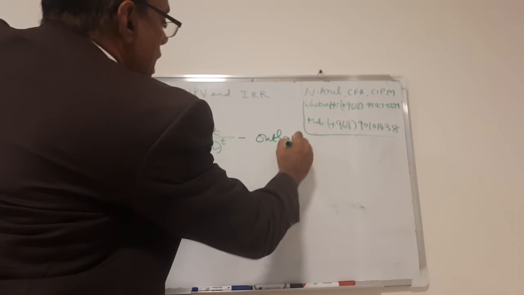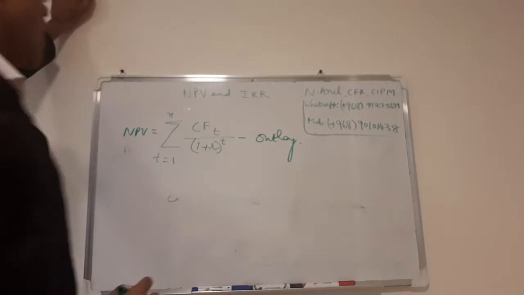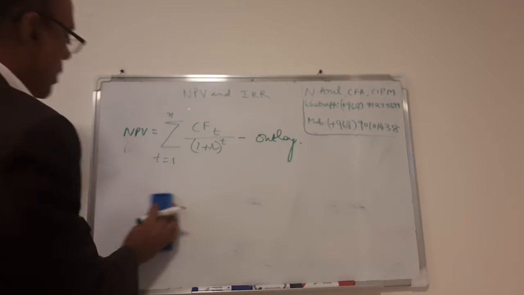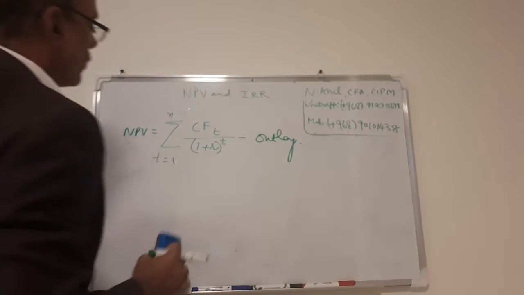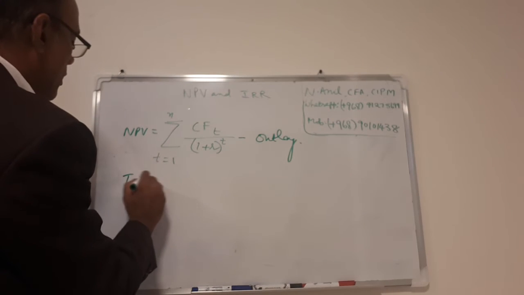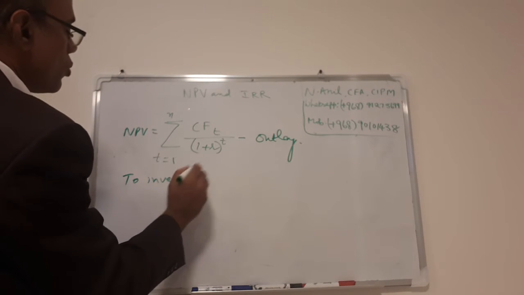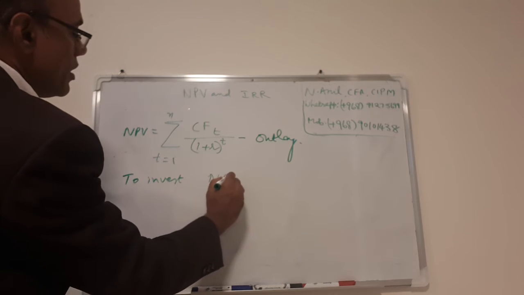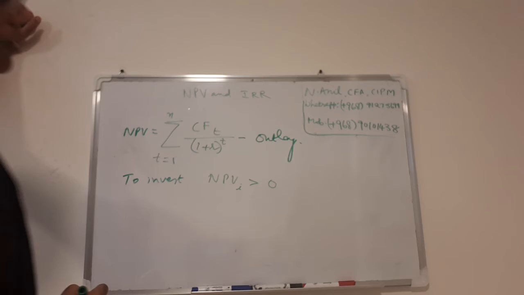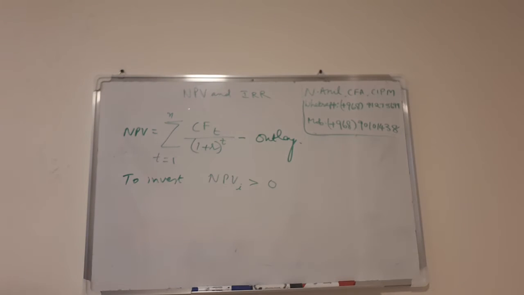What is the investment you make? That is outlay. Now if NPV is greater than 0, then only you should choose it, you should invest. So to invest in a project, its NPV for project i should be greater than 0. It should be greater than 0 only, you should invest.